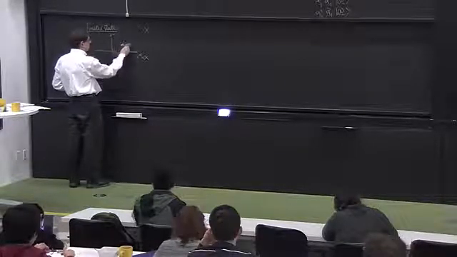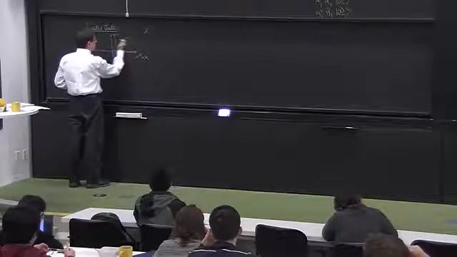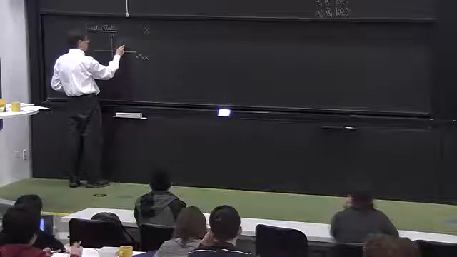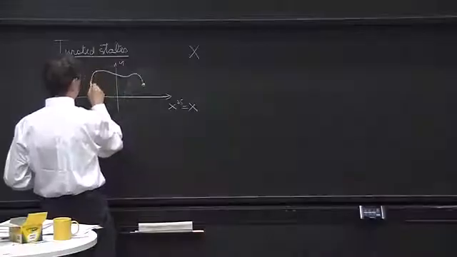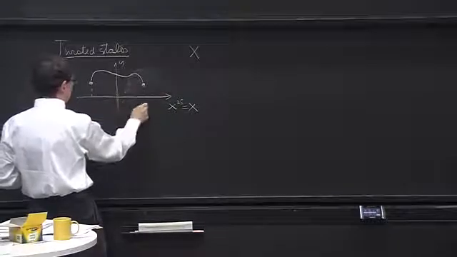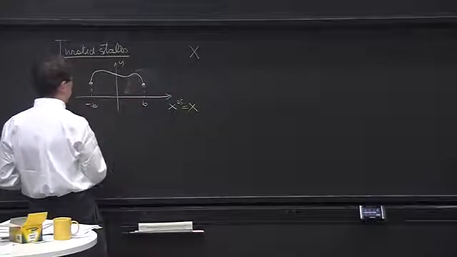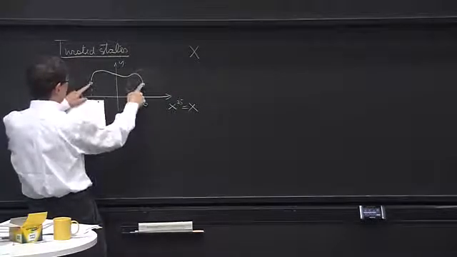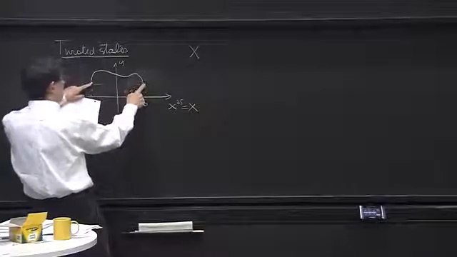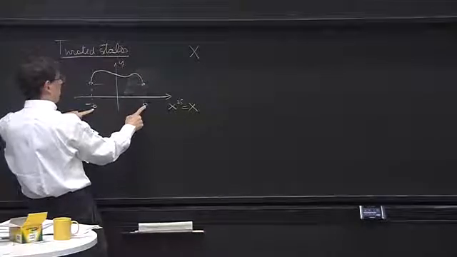A closed string could be closed, but the closed string could just begin here, do some funny things, and end up here, where this is, say, a point B, and this is minus B, because this point is the same as this one, because of the orbifold identification.